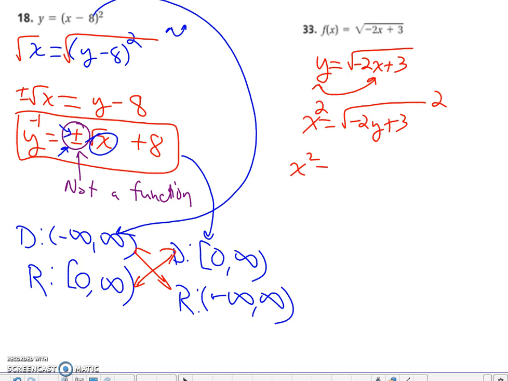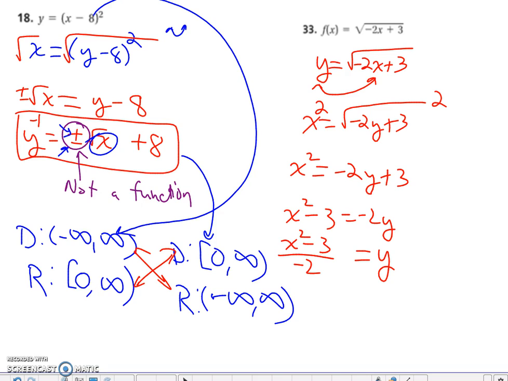I get x squared equals negative 2y plus 3. Subtracting the 3 across, I get x squared minus 3 equals negative 2y. And lastly, dividing by negative 2, I get x squared minus 3 over negative 2, which becomes negative x squared plus 3 over 2. And this is the inverse.